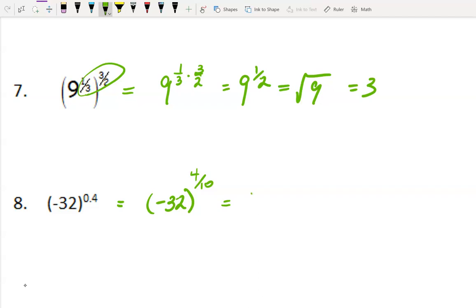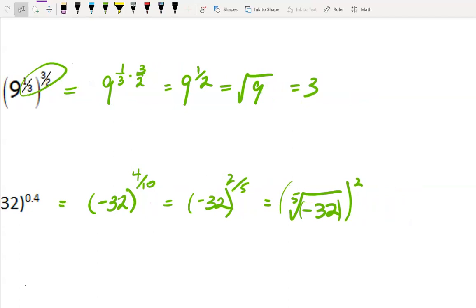So let me simplify this. 4/10 is the same as 2/5. Now you can change to a radical. It's the 5th root of -32, and then squared. Evaluating that, the 5th root of -32 is -2.